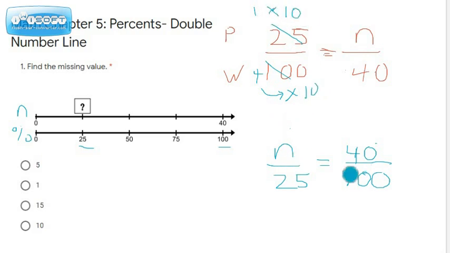Now another way you could look at this, just because it is a proportion, is you could set it up this way. Some number over 25 equals 40 out of 100. If we were to solve this, we would still get the same answer. We might divide by 10 first by getting rid of those zeros.